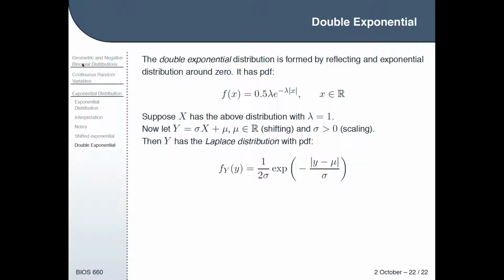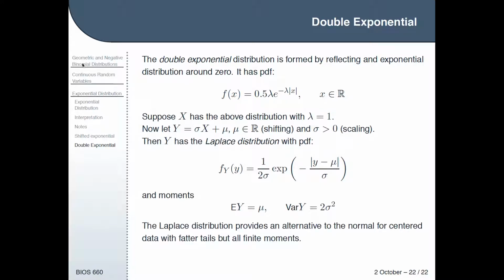Again, fairly easy to show using the formula from a week or two ago, its density is going to look like 1 over 2 sigma times e to the minus absolute value of y minus mu over sigma. And you can compute that its expected value is mu, and its variance is 2 sigma squared.